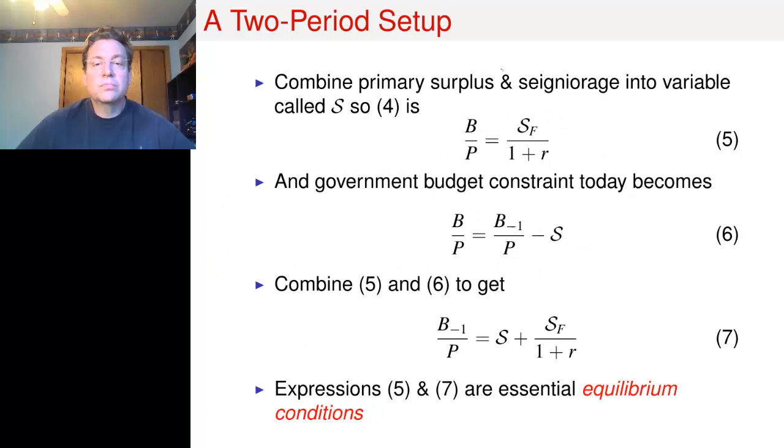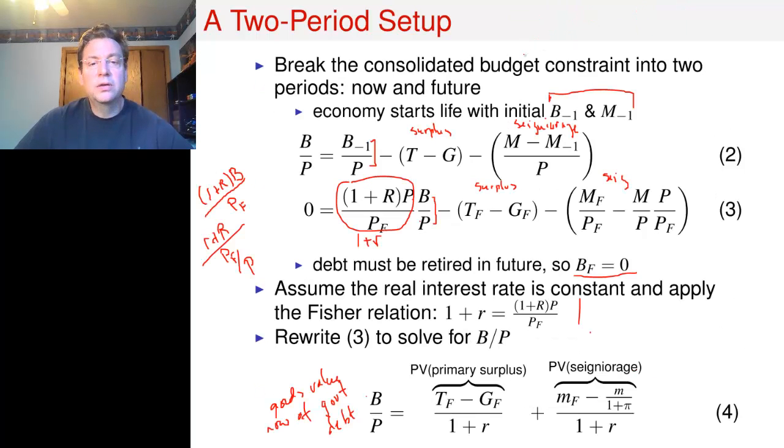Now let's just define something so that we don't have to carry as much notation around. Make this curly S equal to the primary surplus plus seigniorage. So this is all the stuff that can be used to finance debt. And we'll have that in the current period, that's this term here, and we'll have it in the future period, that's this term here.